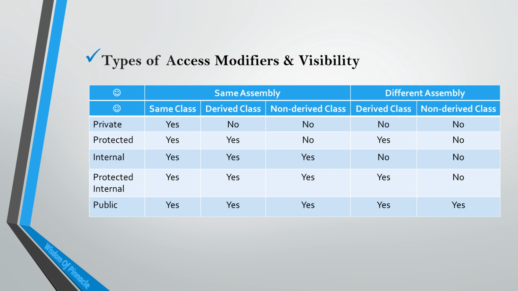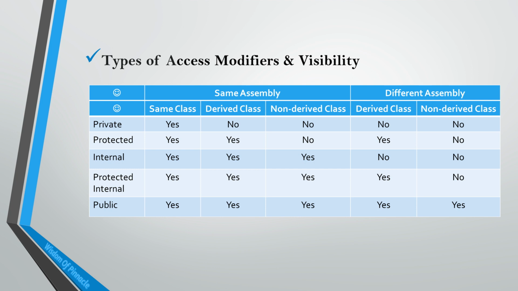It is accessible within any class of the same assembly but not from a different assembly. Next is protected internal. It is accessible from any class of the same assembly and a derived class of a different assembly. Last one is public. It is accessible from every class in the same assembly and also from every class in a different assembly.